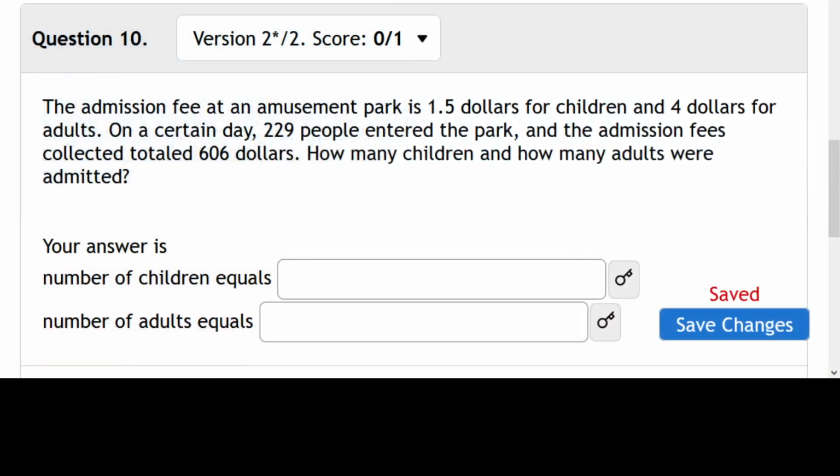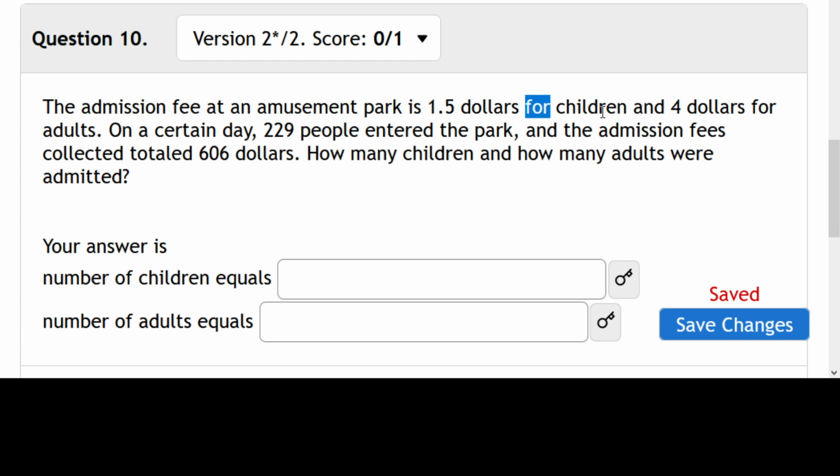All right. Let's read through the rest of this. I know that the park charges $1.50 for each child. Now the word "for" there is critical, right? $1.50 for children means per, or it means multiply.